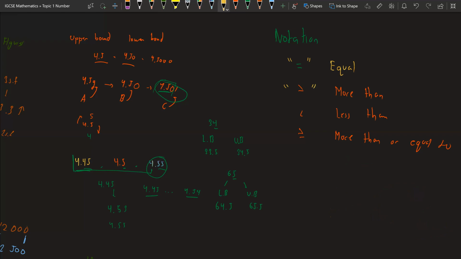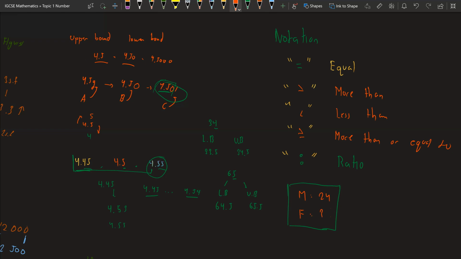Another notation is, you know about the division sign already, so I'm not going to talk about that. I'm going to talk about ratio instead. Let's say you're in a classroom, and the number of male students is, let's say, 24, and the number of female students is, let's say, 30.